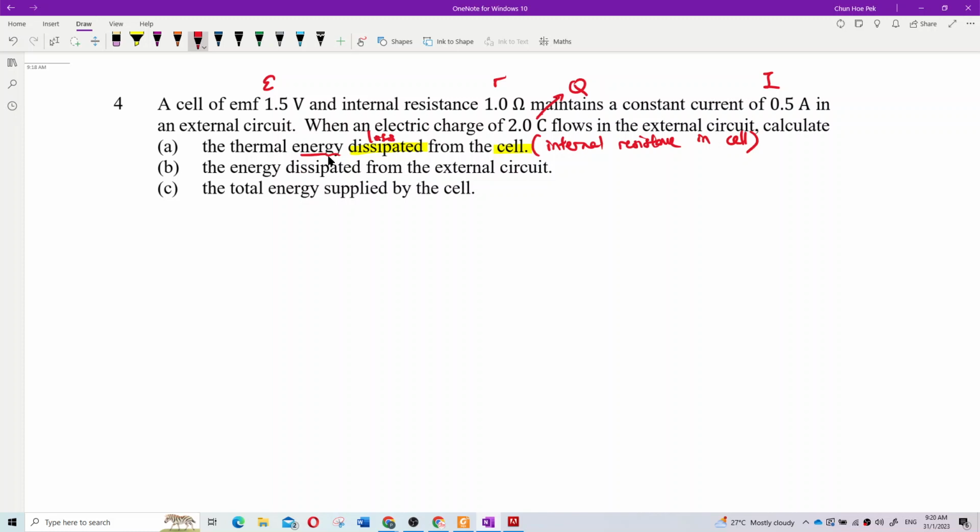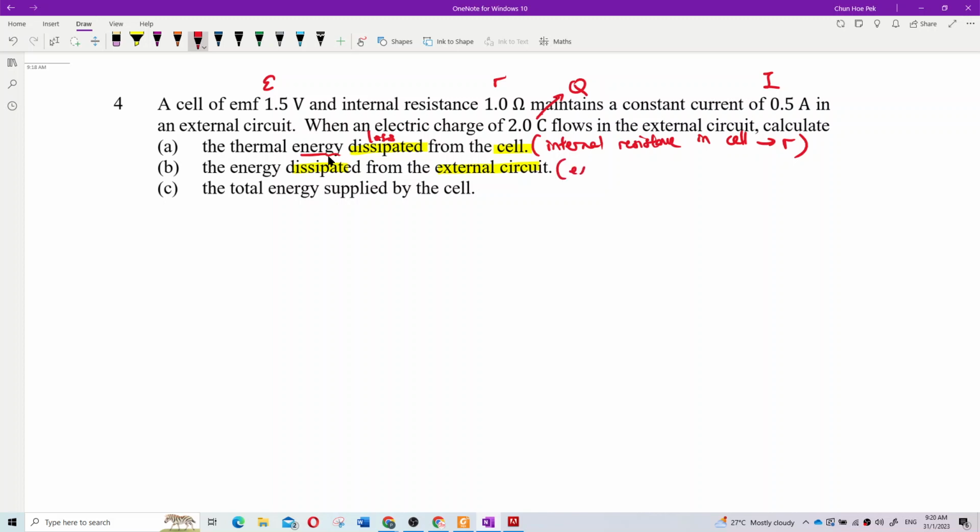And then energy dissipated from where? The external circuit. Just now it was the internal resistance, small r.